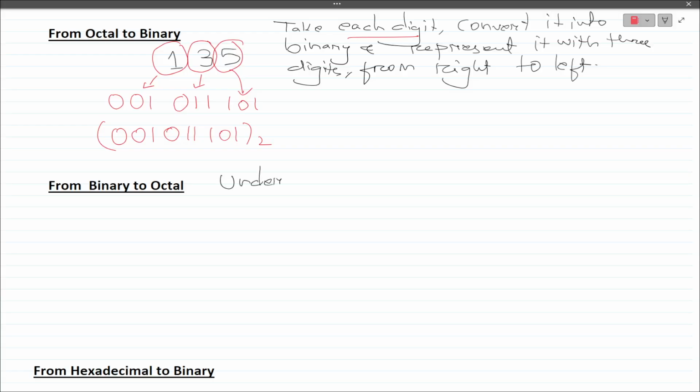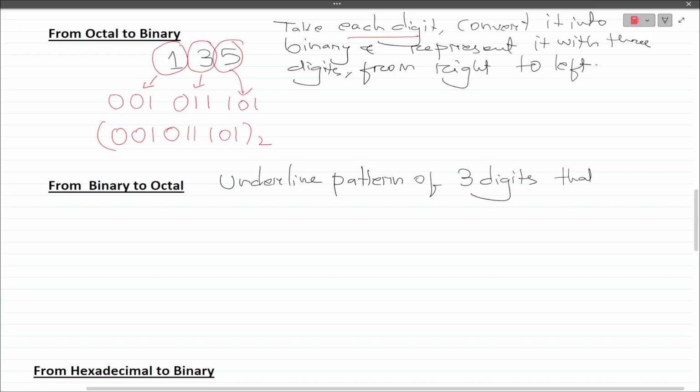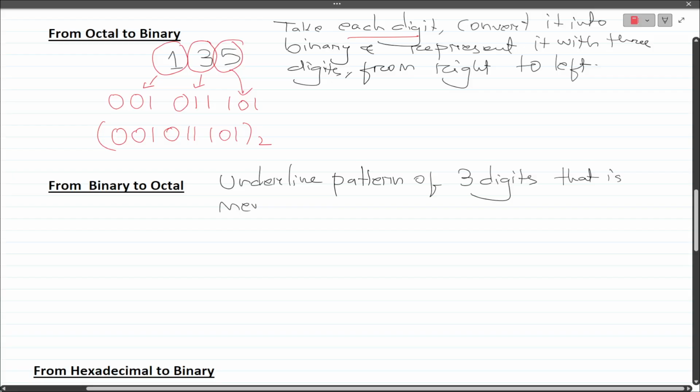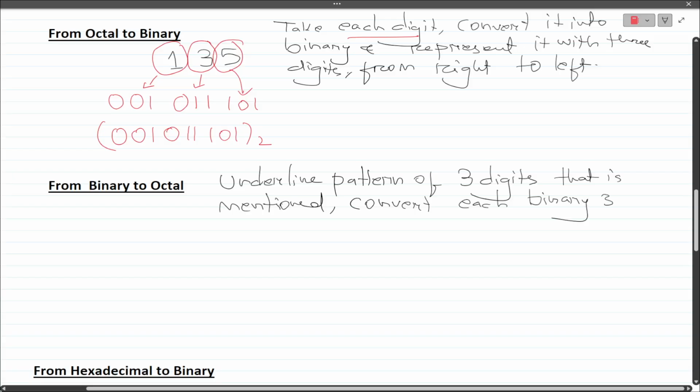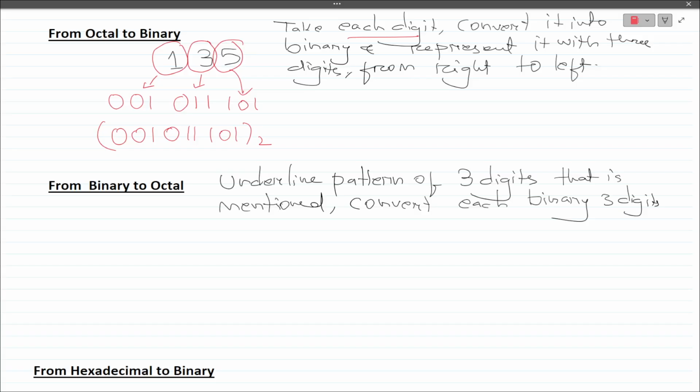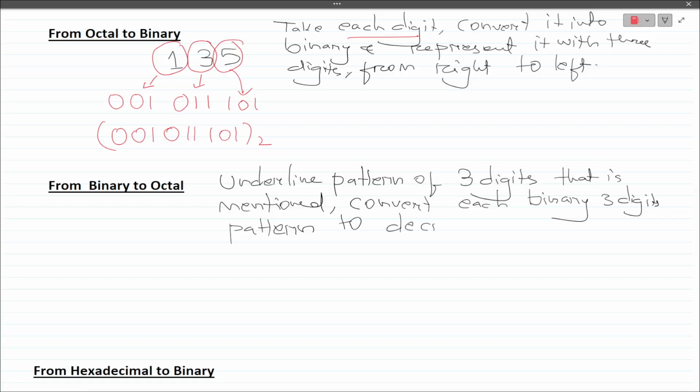See, underline the pattern or sequence, a pattern of 3 digits, that is mentioned, and convert each binary 3-digit pattern that you have extracted to decimal, and then you are done.